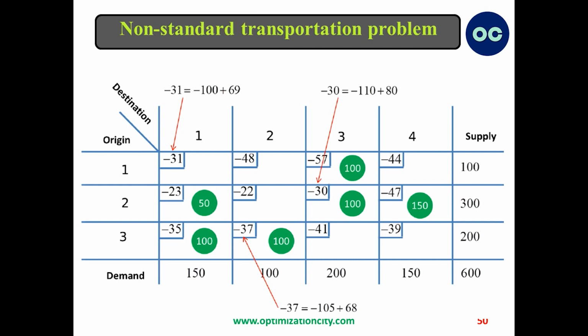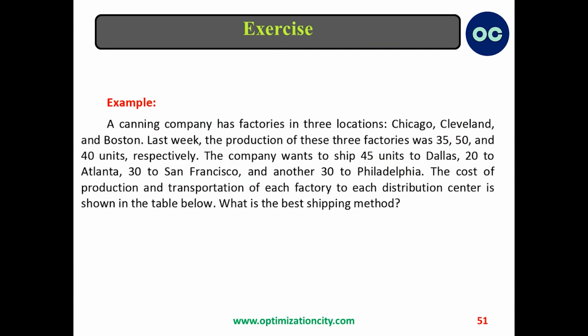The objective function remains to find the optimal distribution that minimizes the total cost, and the selling price we should consider as a minus in calculating the total cost because the selling price is a profit. So we solve this transportation problem considering the transportation cost, production cost, and selling price. Let's note a very important point.